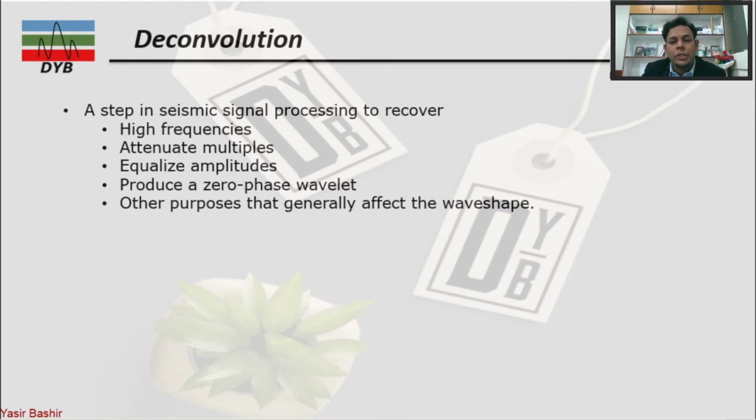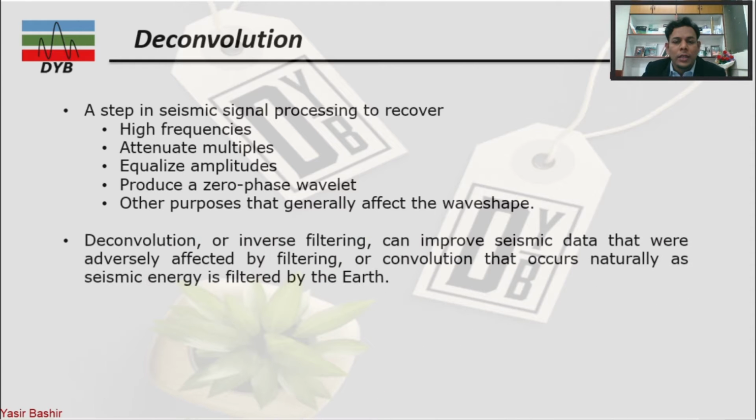The other purpose of applying deconvolution is generally to affect the wave shape. Deconvolution is also called inverse filtering, and it can improve seismic data that were adversely affected by filtering. Not the filtering which we apply in pre-processing, but the filtering that is actually done by the earth material.